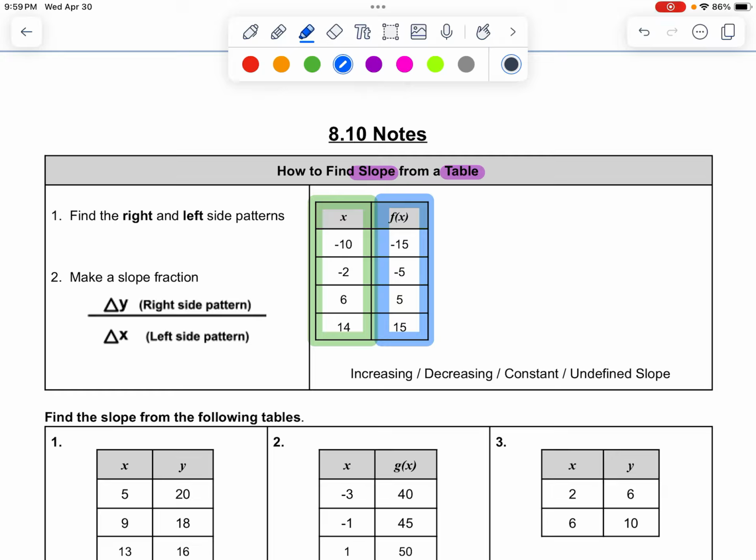When we want to find the slope, what we're going to do is look at the right side and look at the left side patterns separately.